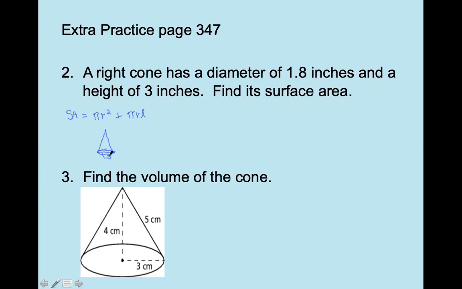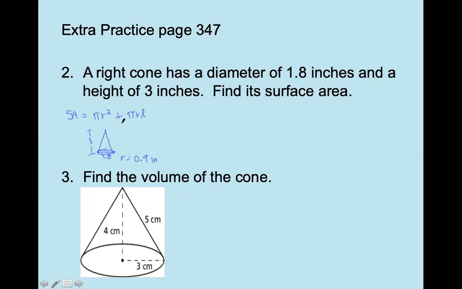So if the diameter is 1.8, that means the radius is half that. So our radius is 0.9 inches. We also know the height of this cone is 3 inches.